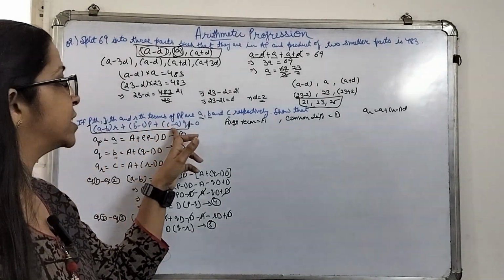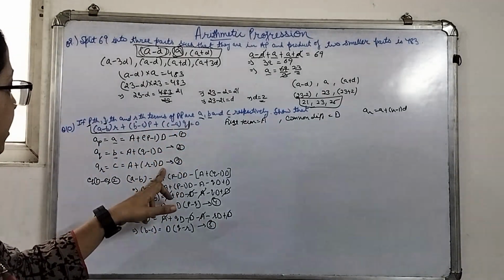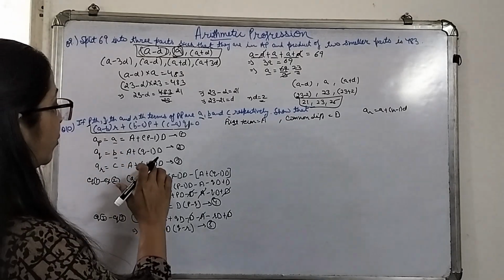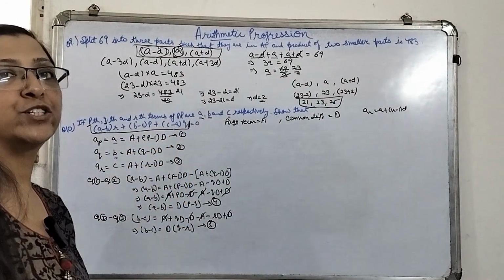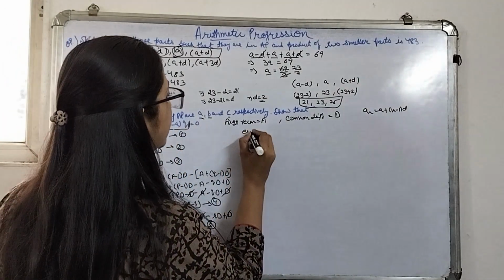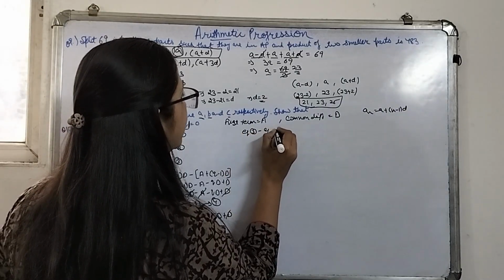Now the third bracket is your C minus A. C is here and A is here. That means from equation number 3, I will be subtracting equation number 1. So equation number 3 minus equation number 1.